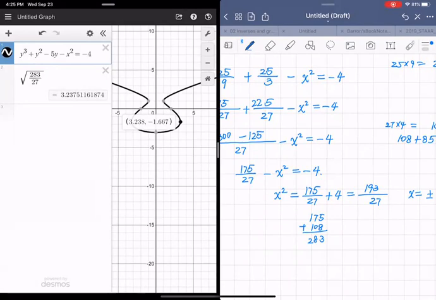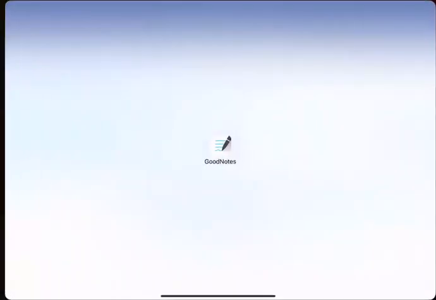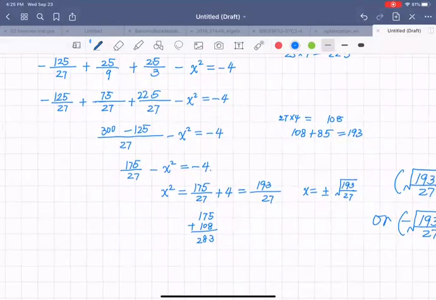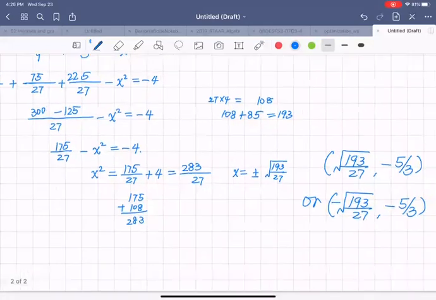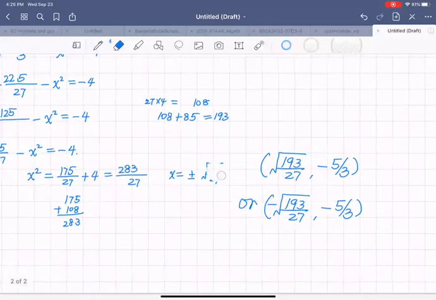Yeah, because those numbers are too big, we want to verify whether we got the question correct or not. This is 283. Then this guy is also 283 over 27.